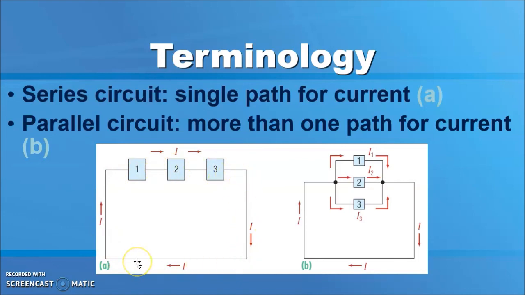Or we can connect these components, these little boxes, in parallel formation, where they are running alongside each other. Let's say the current starts in the bottom left corner, goes up and then this way, and it can go through three different paths: up here, through the middle, or down here. The single current splits into three different currents, and then comes back around.